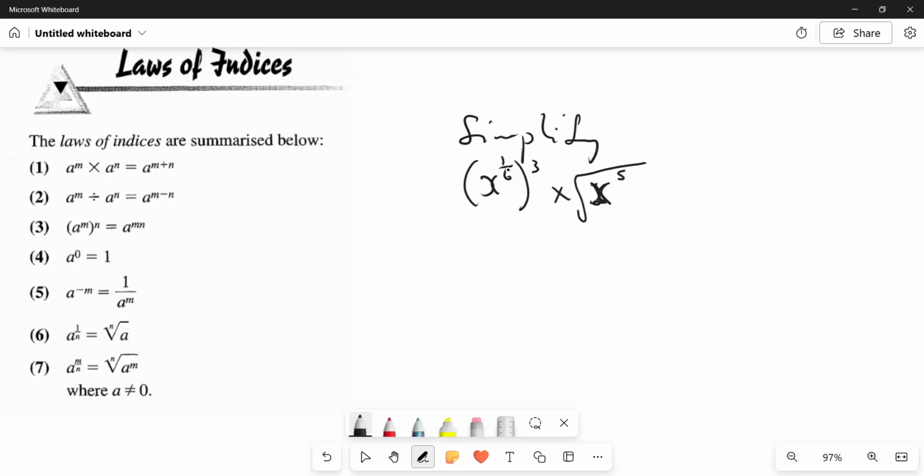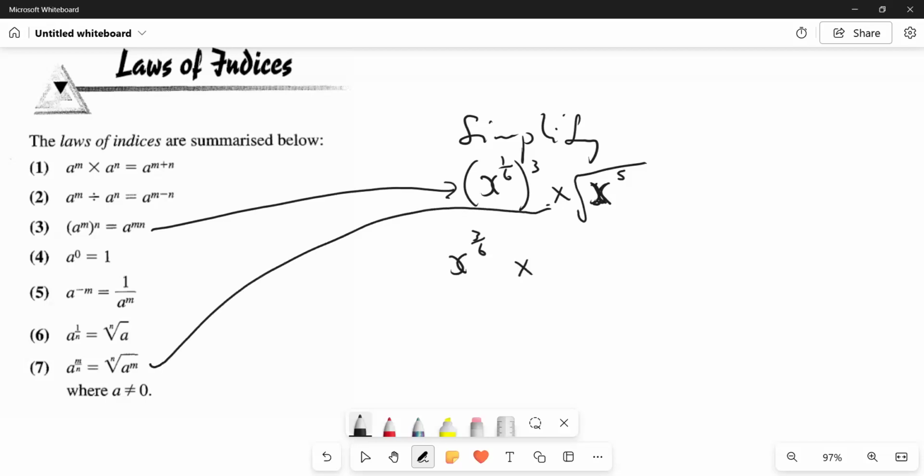This one here we can simplify using this law, and you end up with x to the 3/6, times, okay, this one here we can use this law as well.